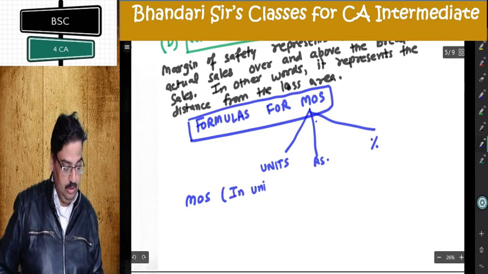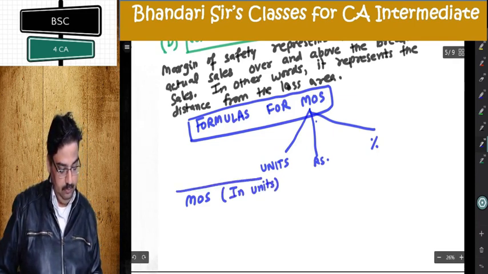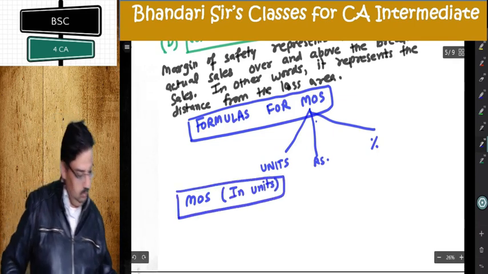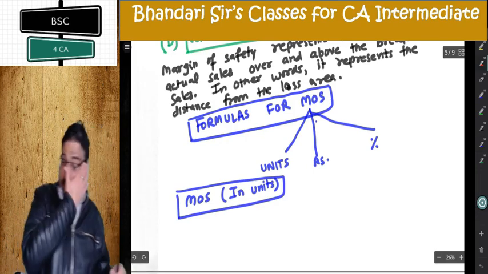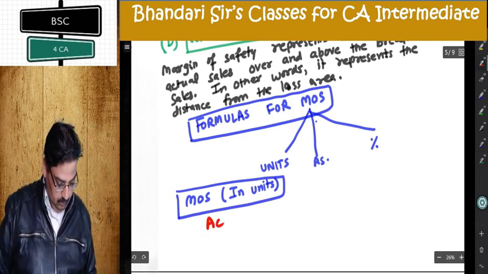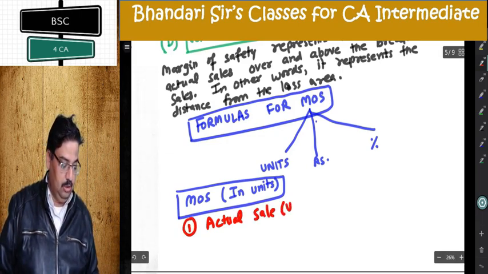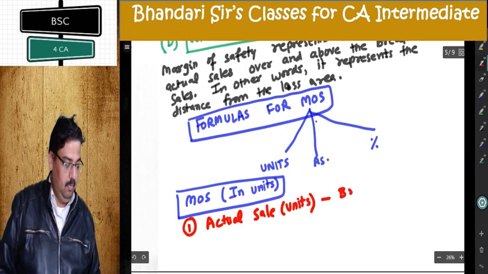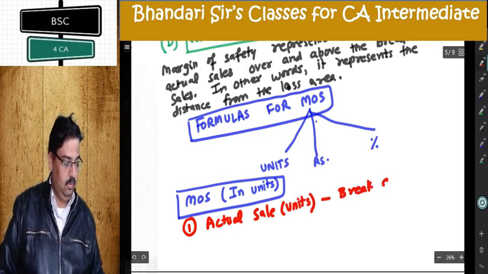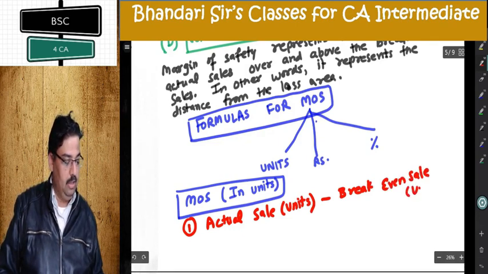MOS in units. What is this? First formula, very easy: actual sale units minus break-even sale units.